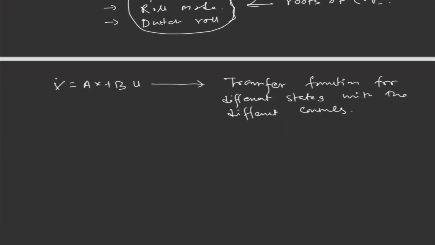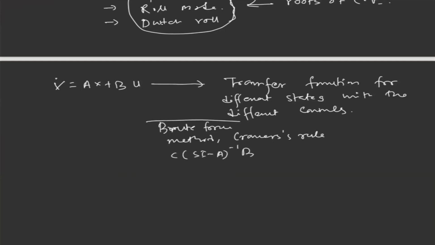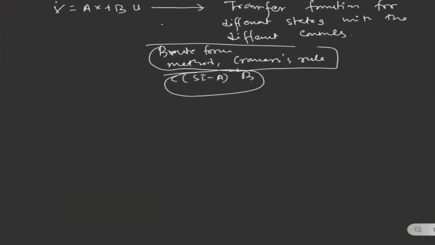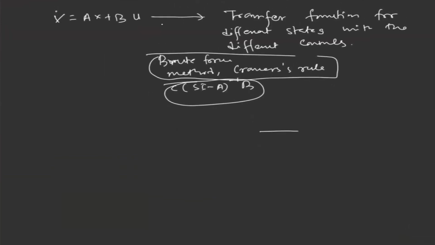One was the brute force method, where we used Cramer's rule. Another method was C times (sI minus A) inverse B. Using these two methods, we can come up with the transfer function for all the states with respect to the defined inputs.